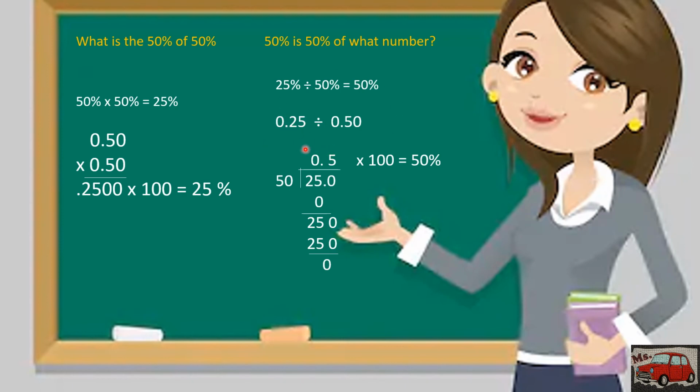By the way, kung nahihirapan kayo mag-divide pa ng whole number sa decimal or decimal to decimal, please watch yung separate video natin about decimal kasi nandun yung kung paano mag-divide nun. Okay? So, in this case, when we divide 0.25 by 0.50, the answer is 0.5. Then, multiply it by 100 kasi nga, percent ng pinag-uusapan natin.